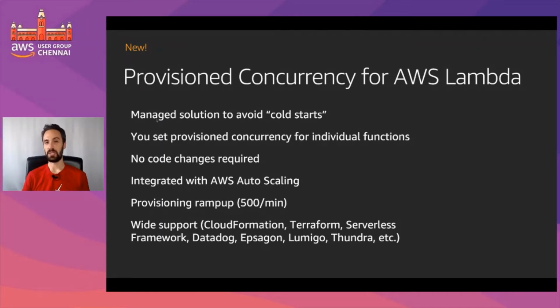So if I need 1,000, it should take about a couple of minutes to ramp up. And after that, you have these 1,000 runtimes warm, as long as you keep them warm. So if you end up with 1,000 concurrent executions from 0 to 1,000, no cold start at all.